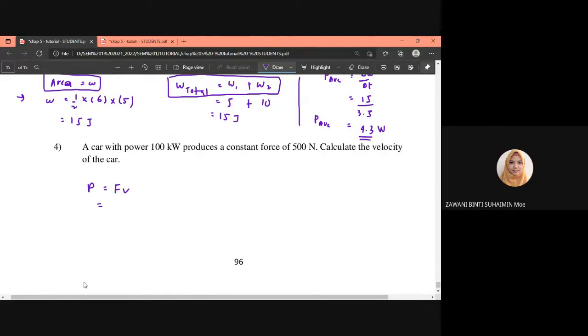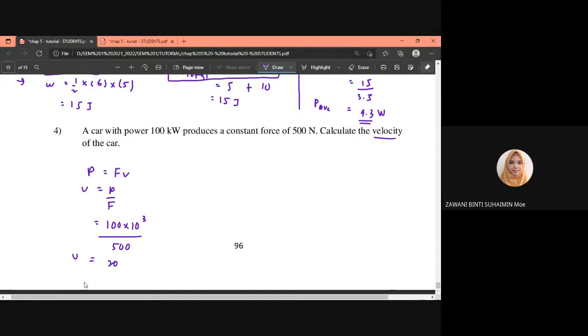Dia nak velocity, so V is equal to P bahagi dengan F. Power kita dah ada 100 darab 10 kuasa 3, and then force dah diberi 500. So velocity kita bersamaan dengan 200 meter per second. Siap, senang saja.